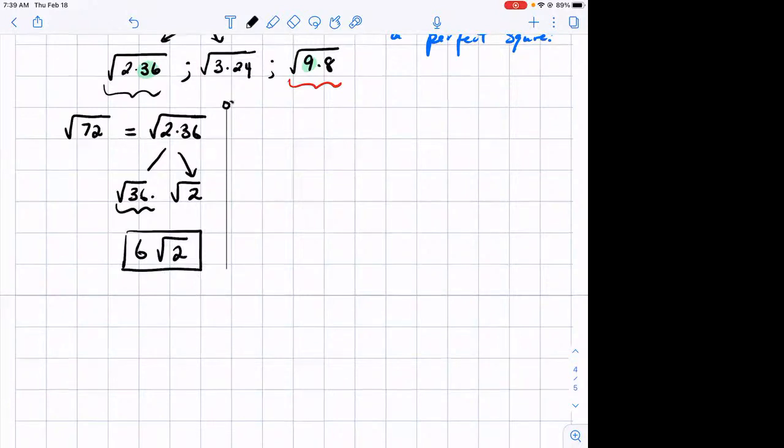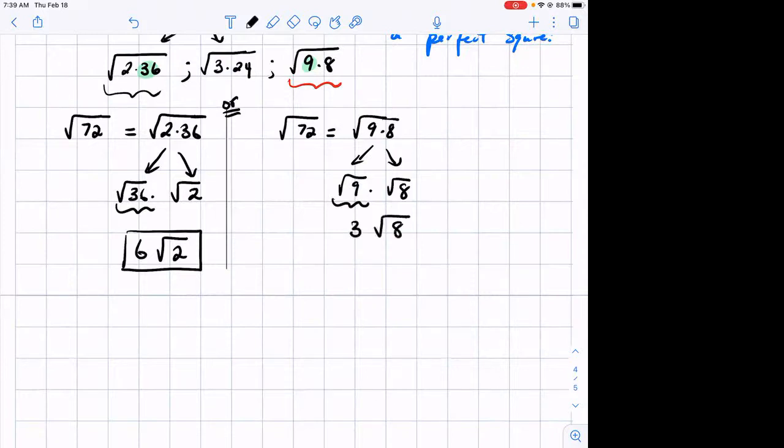Now, if you use the other scenario, the square root of 72 is the same as the square root of 9 times 8. This becomes the square root of 9 times the square root of 8. The square root of 9 we know is 3, so here we have 3 root 8.